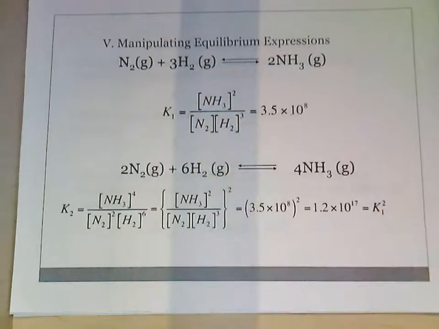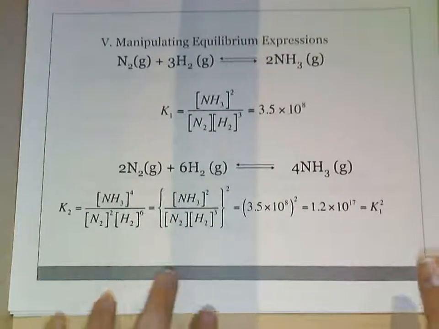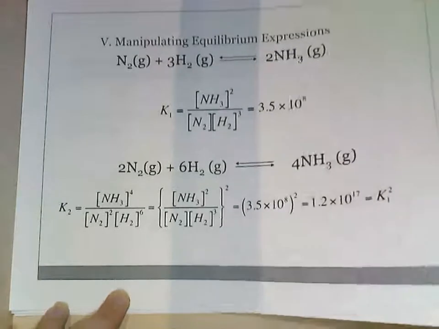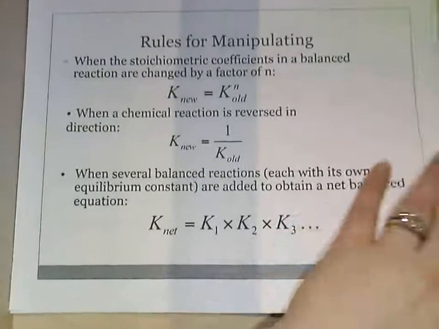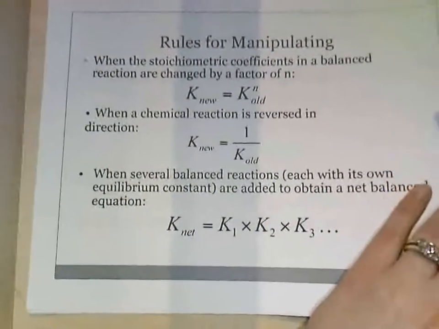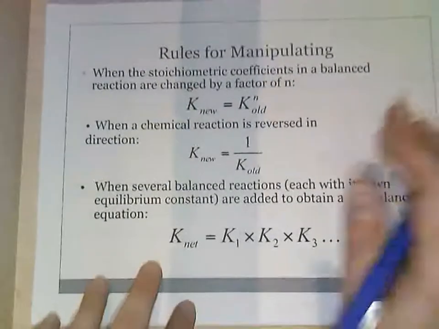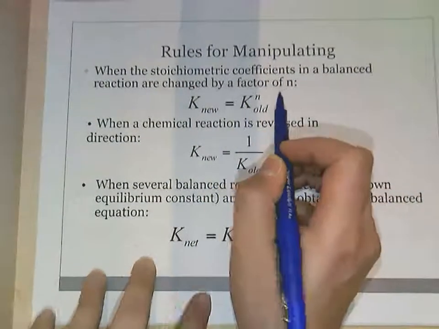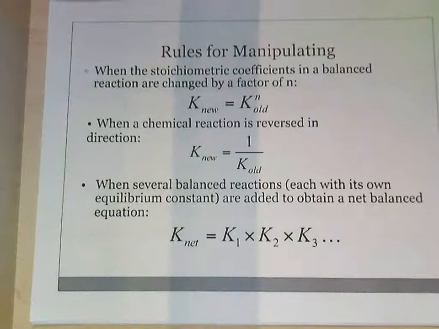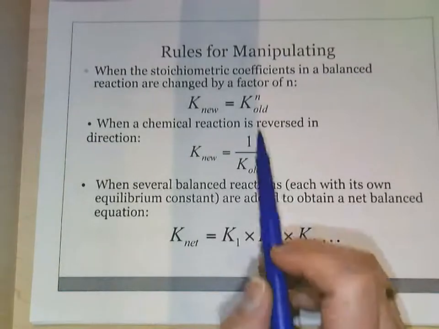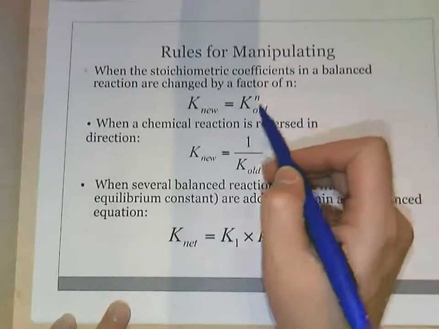the equilibrium constant. So how does that come out to some rules about how we can make predictions using our equilibrium expressions? When the stoichiometric coefficients in a balanced reaction are changed by factor n, just like we did, we had one reaction and then we doubled it. This doubling is going to be a factor.